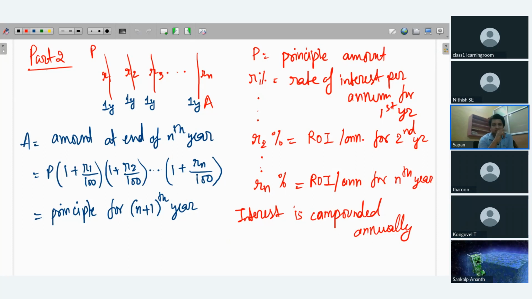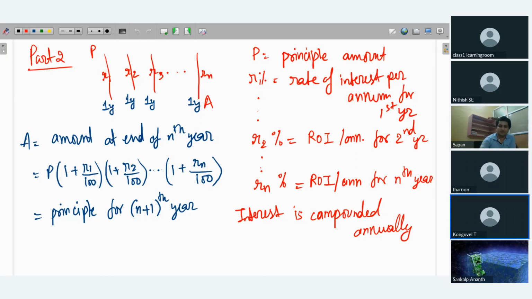What you do is, at the end of first year, find the amount. That amount is the principal amount for second year. Find the amount for second year, then follow. So it's a chain. We're not finding the amount of the final year, but the principal of the next year.